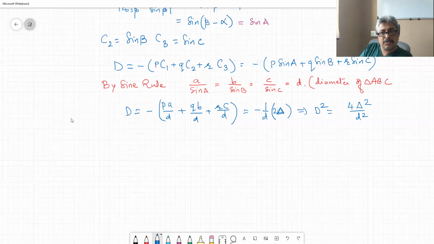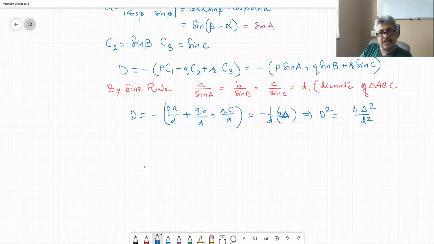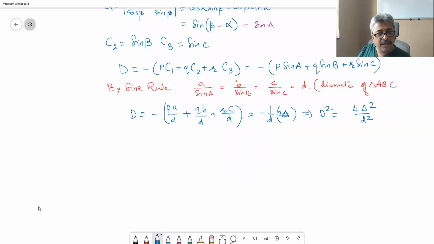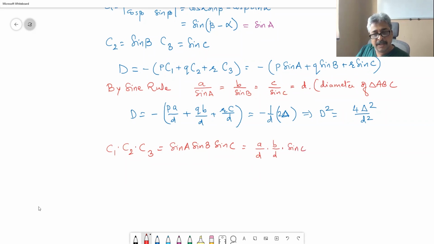And the second part of the story is C1, C2, C3. What is C1? C1 into C2 into C3 is equal to sine A, sine B, sine C. Correct? Now sine A can be written as a by D, sine B can be written as b by D, and if we keep sine C as it is, then ab sine C is again 2 times delta.